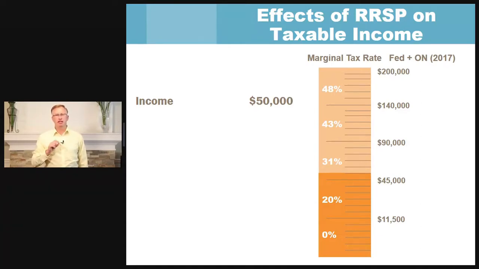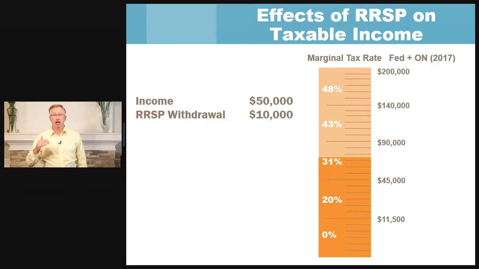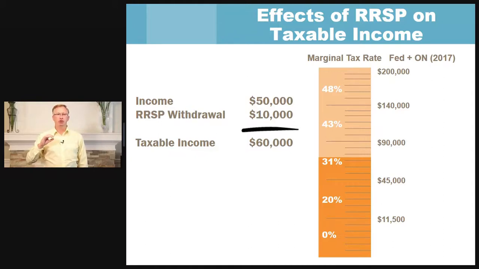Then you decide, well, I need a little bit more money, so I take $10,000 out of my RRSP or RRIF, Registered Retirement Income Fund, which has the same effect. Now your income isn't $50,000 a year, it's $60,000 a year. That's going to increase how much taxes you have to pay because your income has gone up.